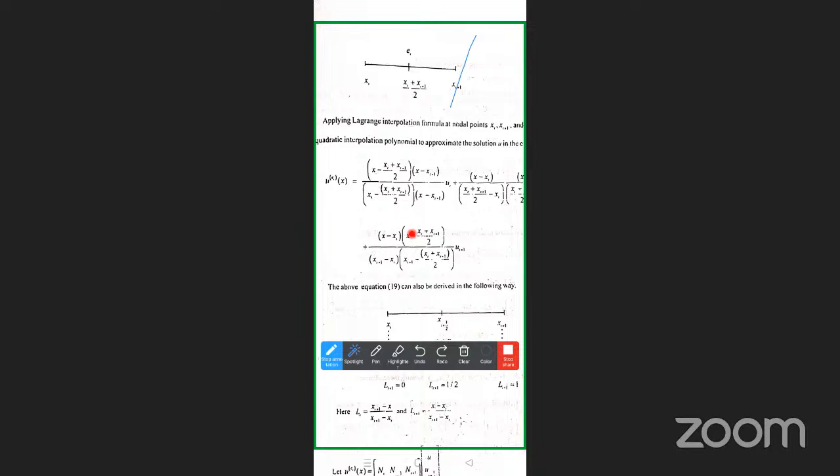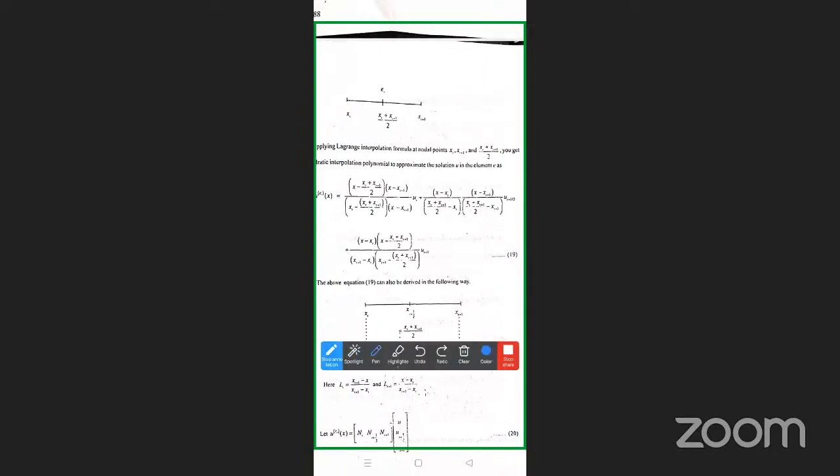Substituting x equals xi plus 1 in the numerator, we write it in the denominator: xi plus 1 minus xi, next xi plus 1 minus xi plus 1 divided by 2, into u i plus 1. Next here, u i plus 1. Is that clear? So this is formula 19 obtained by using Lagrange's interpolation formula.